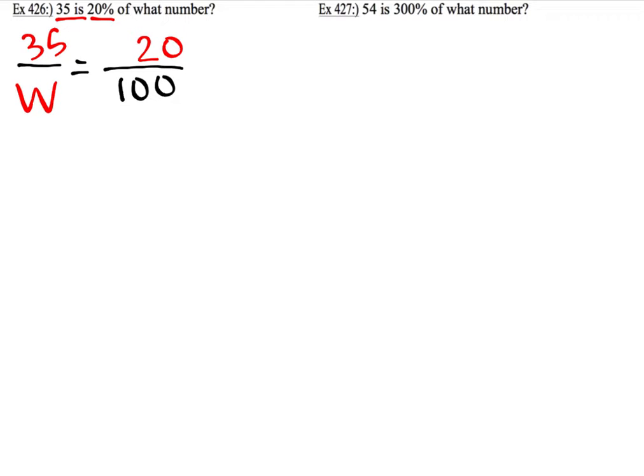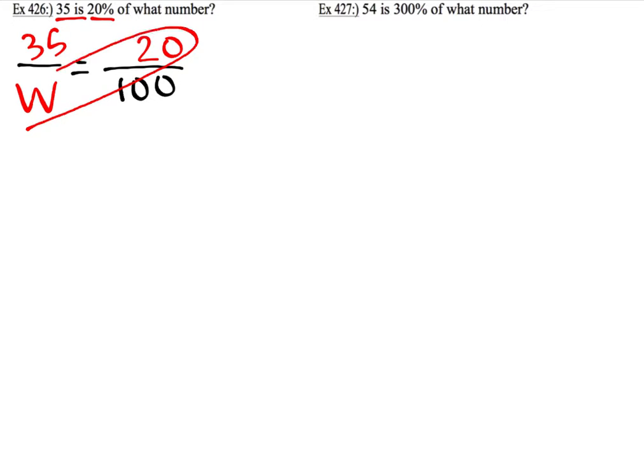35 is 20% of what number? We start with our percent proportion. Then we go ahead and do some filling in. 35 is the part, 20%, percents go over 100, of what number? We don't know what the number is. Now we can solve this.